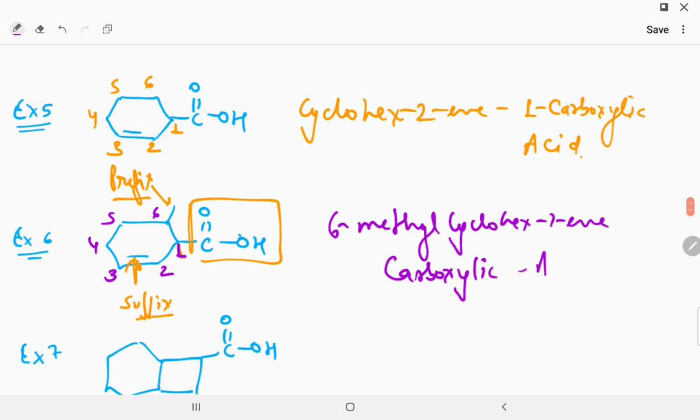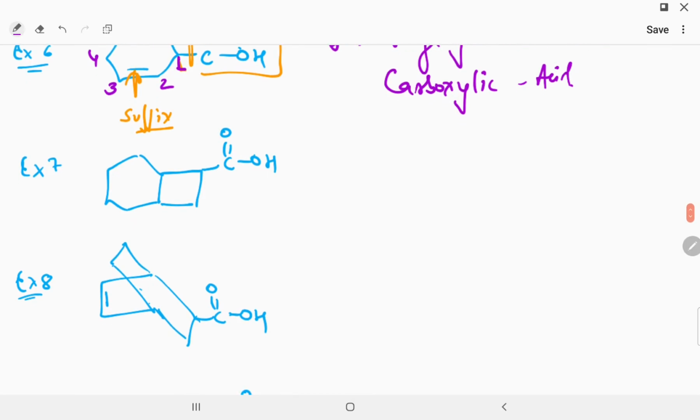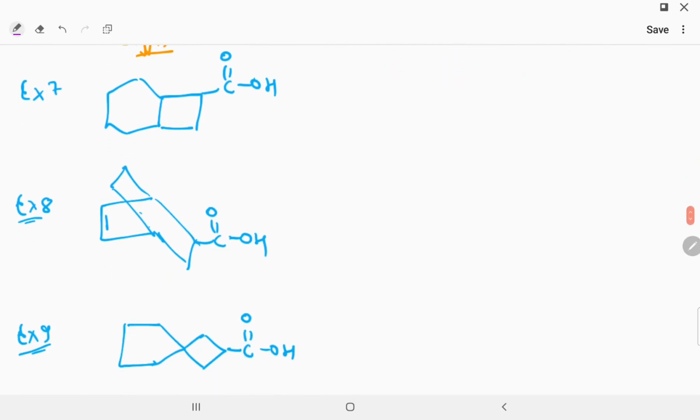carboxylic acid. Okay, now examples number 7 and 8. In example number 7, this is a bicyclo compound. In a bicyclo compound, if you remember, there are 2 common carbons, 1 and 2. We always start numbering from the common carbon and with the large ring. So 1, 2, 3, 4, 5, 6, 7, 8.